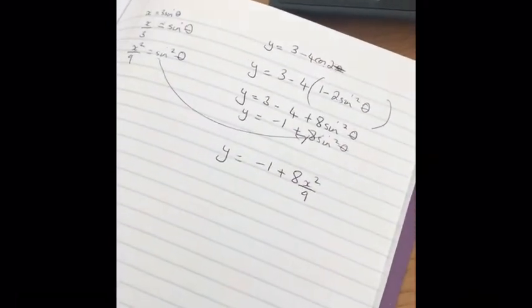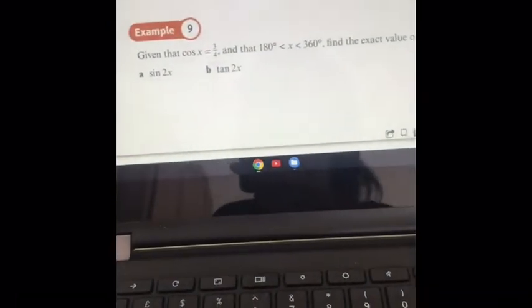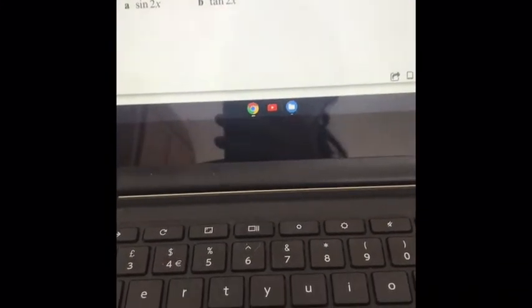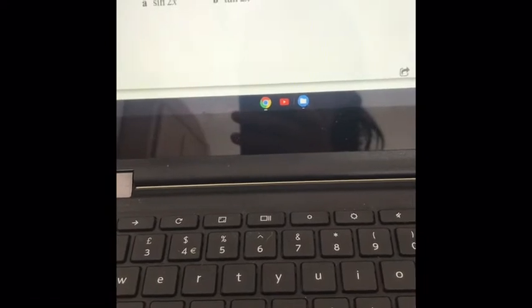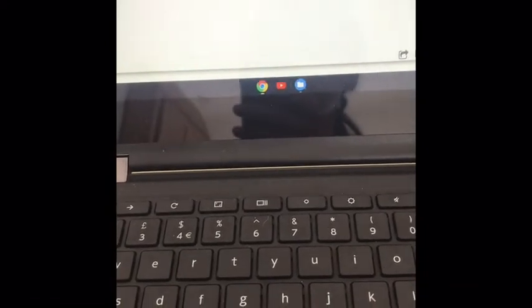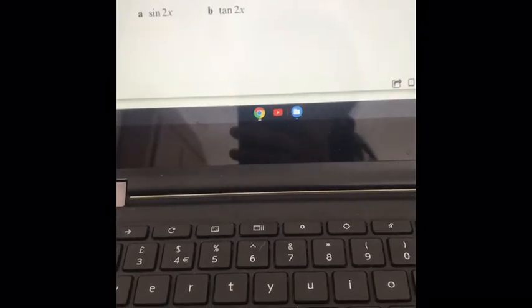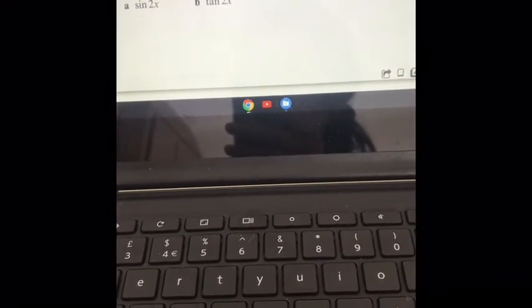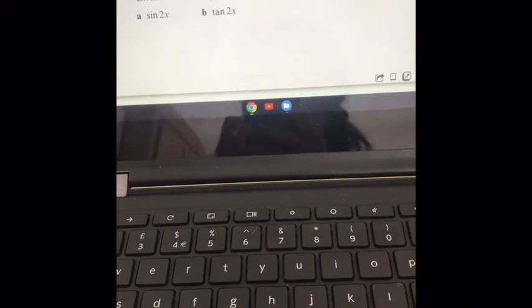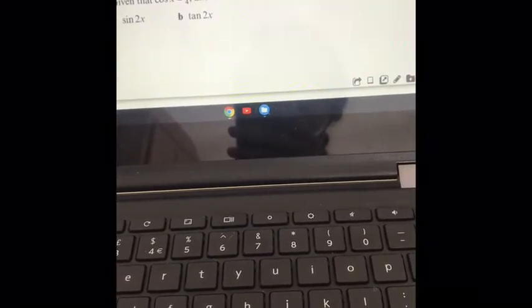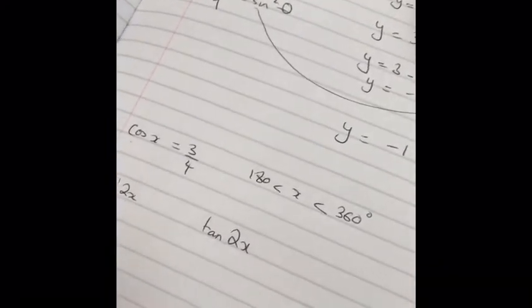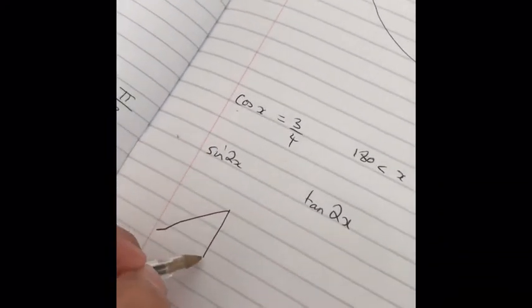All right. And I think I'll probably do one more, example 9 from the notes. So it says, given that cos x is 3/4 and that x is between 180 and 360, find the exact value of sine 2x and tan 2x. Right. So if I've got cos x is 3/4, I can draw my triangle like that.